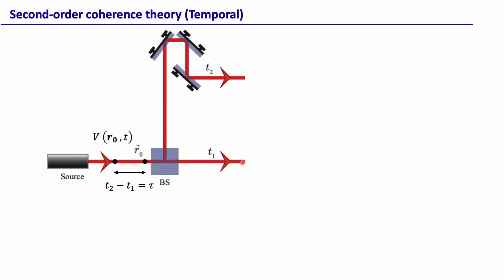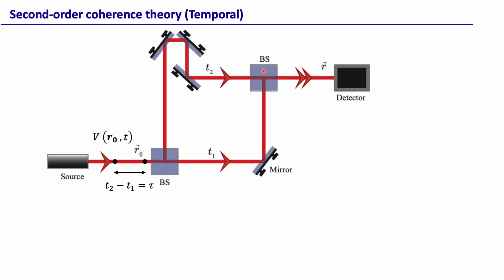Half of the field goes here, half of the field goes here, and then we have a way of introducing a relative time delay between the two beams by this mirror arrangement. If we take this arrangement up, that introduces time delay in this arm compared to this arm. So we have made two copies of this beam, and then we combine these two fields at another beam splitter.